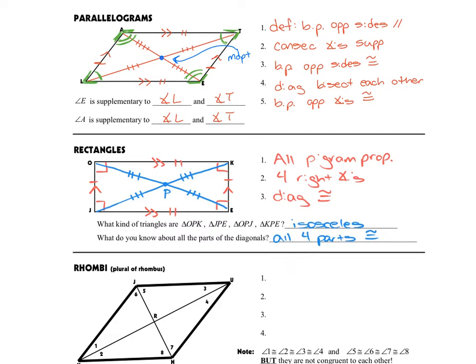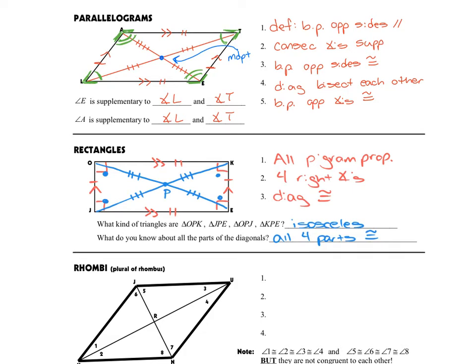So what I'm going to go ahead and mark, and also combining the fact that these are isosceles, is that these 4 angles are going to be congruent. So this one, this one, this one, and this one. All 4 of those angles are going to be congruent to each other. I'm also going to mark then the 2 triangles that are up and down.